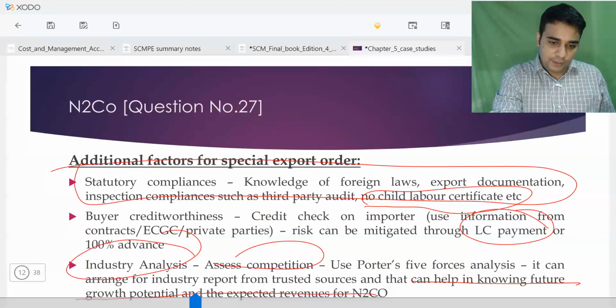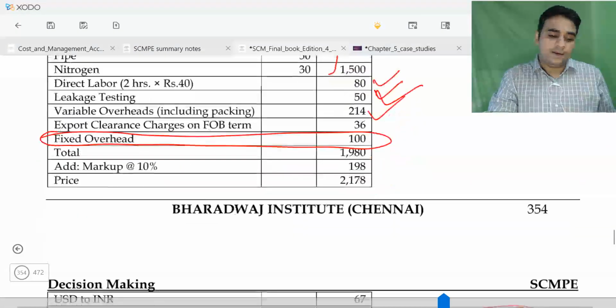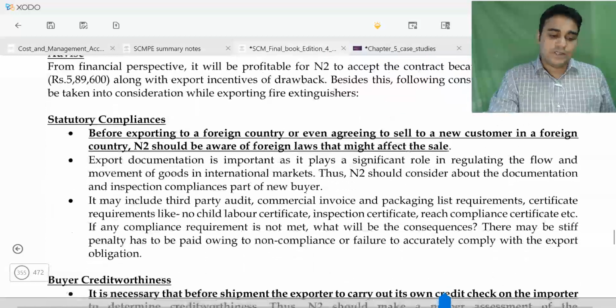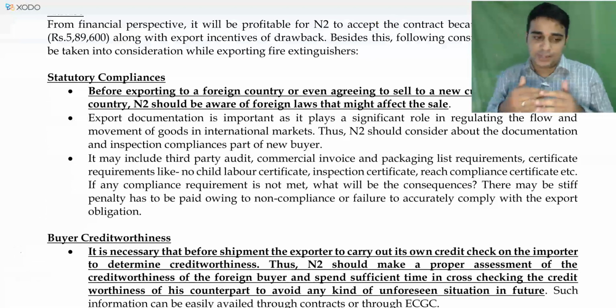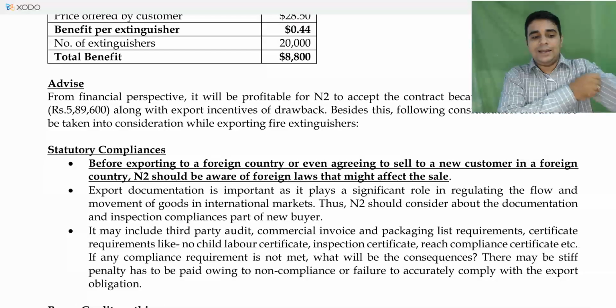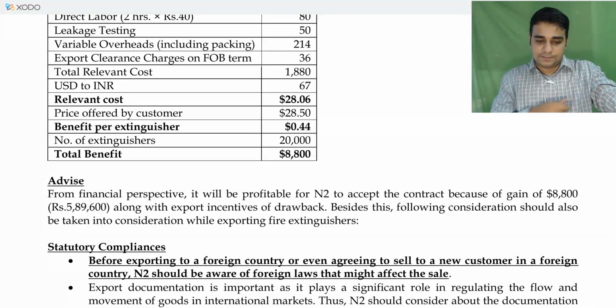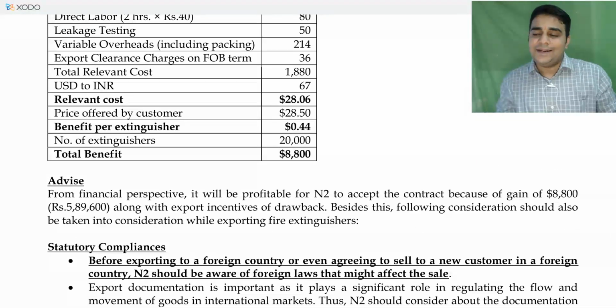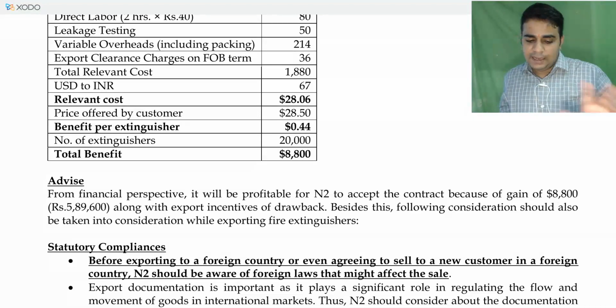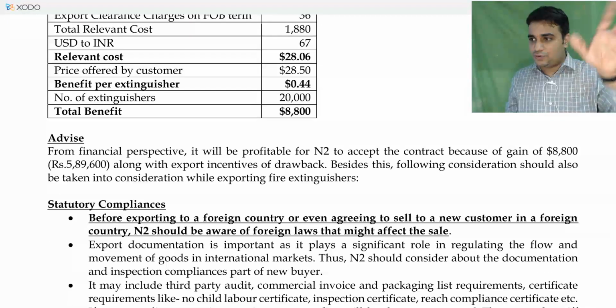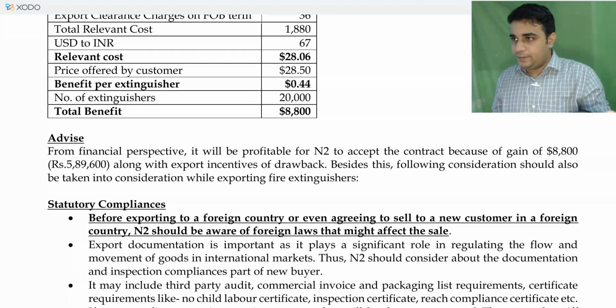I'll give you time to read this question solution also. Later on, question onwards, we will not read the solution. You can just go through the solution to understand how it is worded. But later on, I'll not be giving time for this. Later on, I think I'll just discuss the PPT. PPT will have the summary of this. Once you go through the PPT, broadly the points will be here.